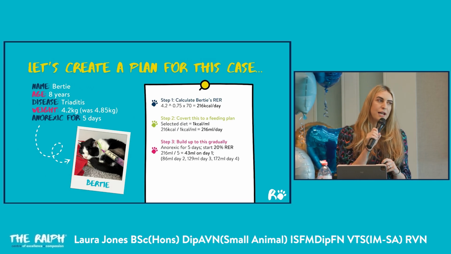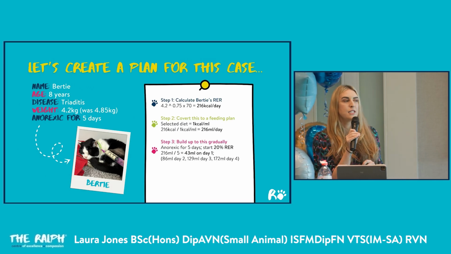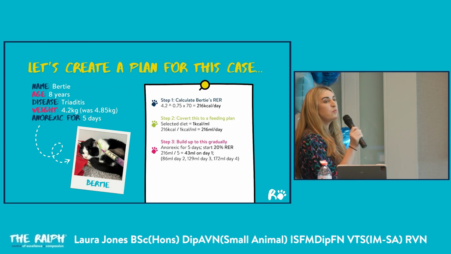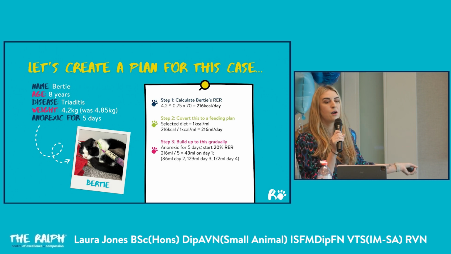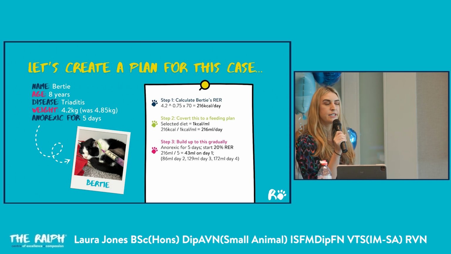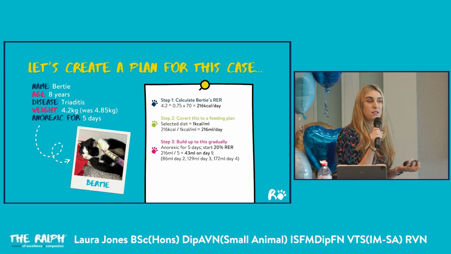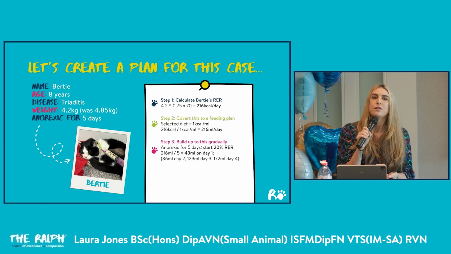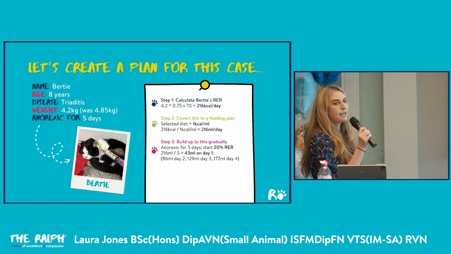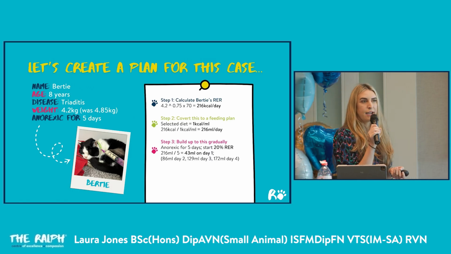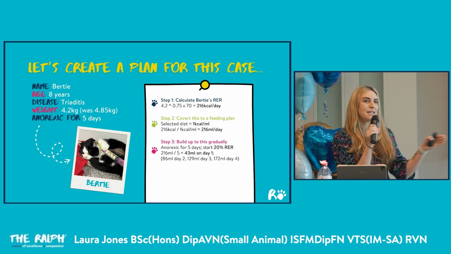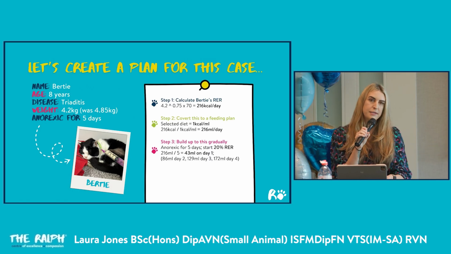We're going to build up to this gradually because we know that he's been anorexic for 5 days. And so if we go straight in at 100% RER, especially given that he's got triaditis, we're likely to cause some problems, and he's going to be at risk of things like refeeding syndrome. So as a general rule, I like to take the number of days that they've been completely anorexic for and take that many days to get them up to 100%.